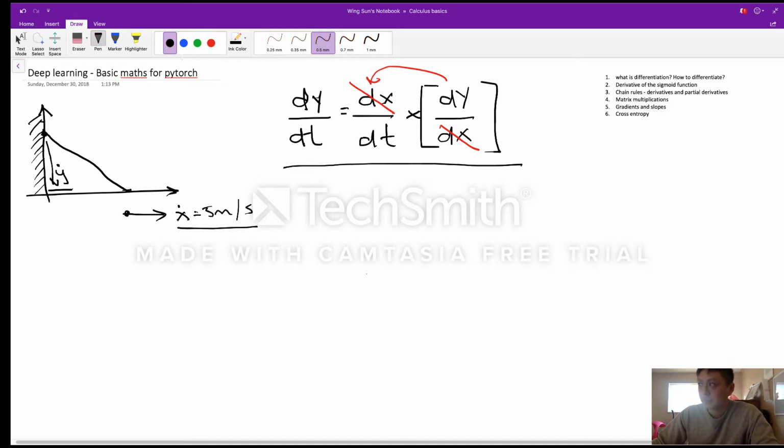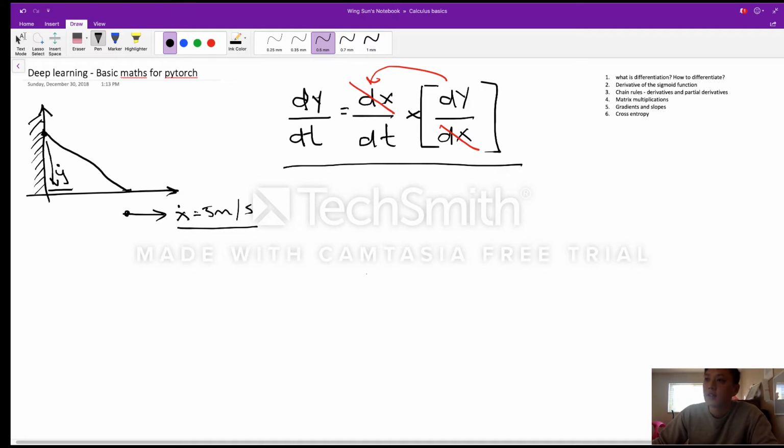Doing the chain rule helps you find what you need to know. The chain rule says that if you want to reach dy over dt, you actually need to solve for dy over dx.